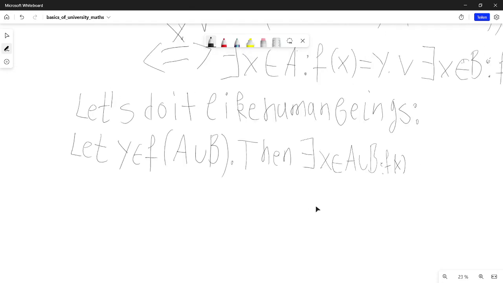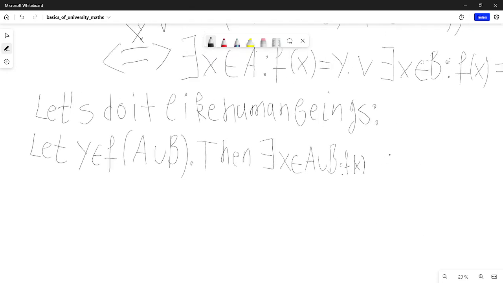That was just the definition of this image of A, and we had it above too.